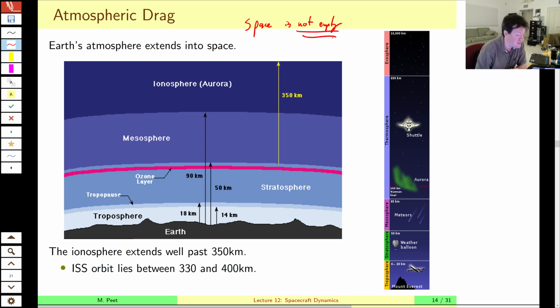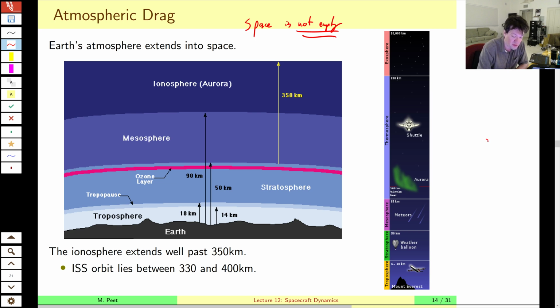Space is full of particles floating all around. Some of them come from the solar wind. There are little helium particles floating around all over space, but you don't usually have to worry about those. What you really have to worry about is particles that fly out of the atmosphere.